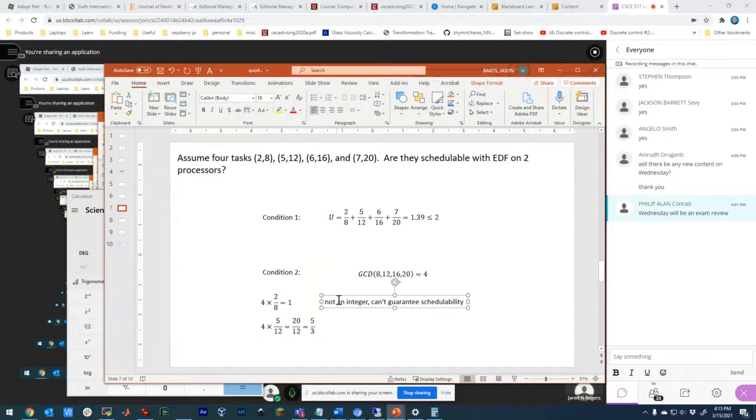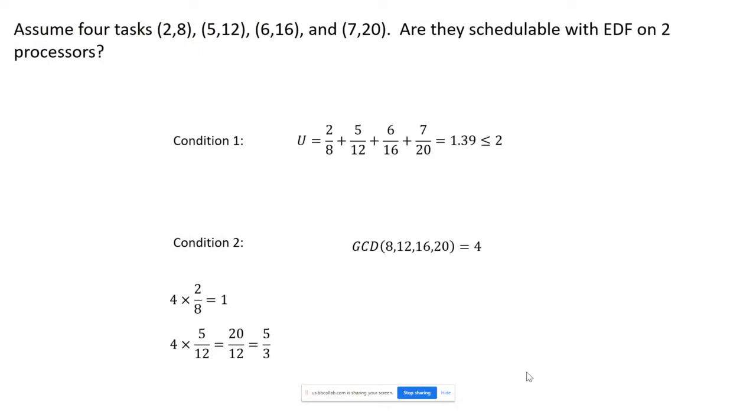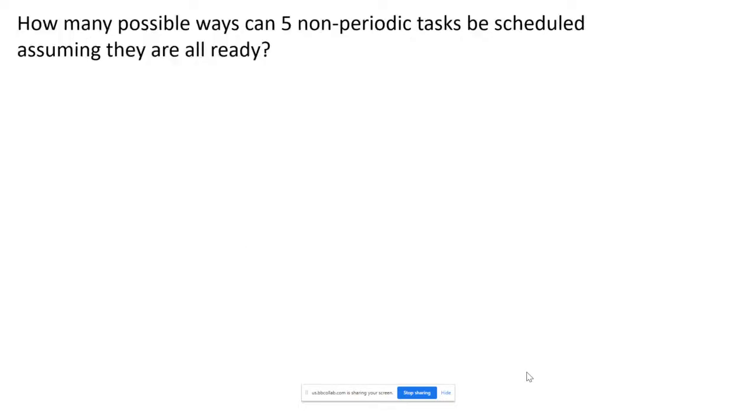Yeah, so that doesn't work out. Sorry, so the answer is still the same. We can't guarantee schedulability here. Sorry about that. So that one can't guarantee schedulability with EDF.